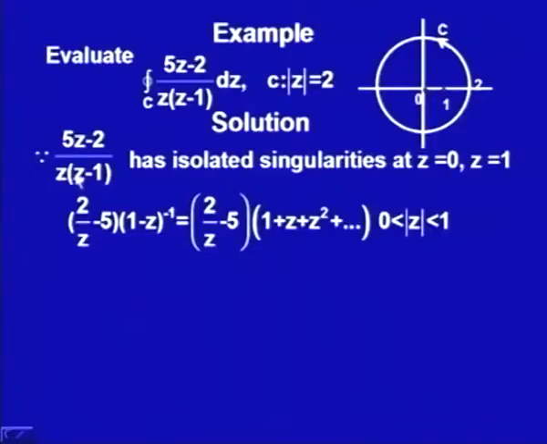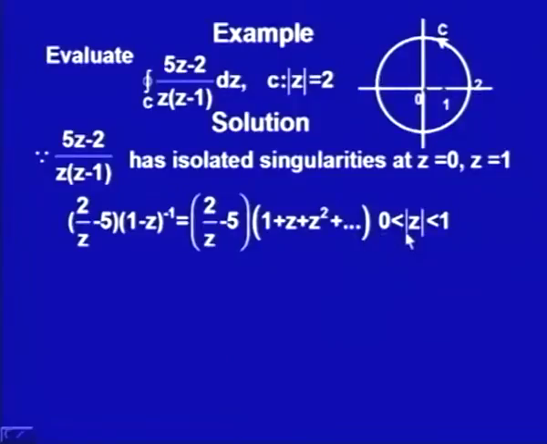For 0 and 1 here we have z − 1. If I write 1 − z to the power −1, we know that the Maclaurin expansion for this is valid when |z| < 1, that is, 0 < |z| < 1, since we are talking about the Laurent series with respect to singularity 0. So we have (2/z − 5) times the Maclaurin expansion of (1 − z)^(−1), which is 1 + z + z² and so on.